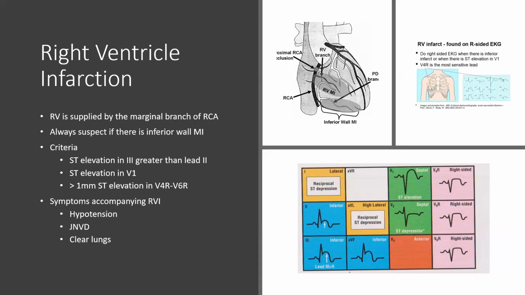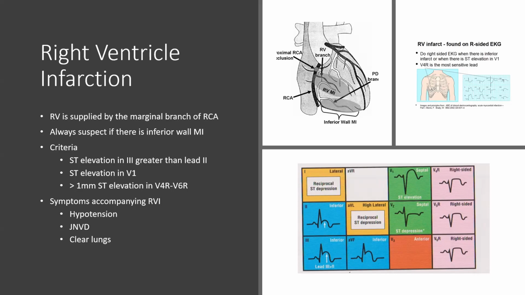This is because they're usually caused by an obstruction in the right coronary artery, which, by the way, also supplies the inferior wall of the heart. Make it a habit to check for right ventricular infarction when you see an inferior wall MI. It should be routine to perform a right-sided chest lead application.